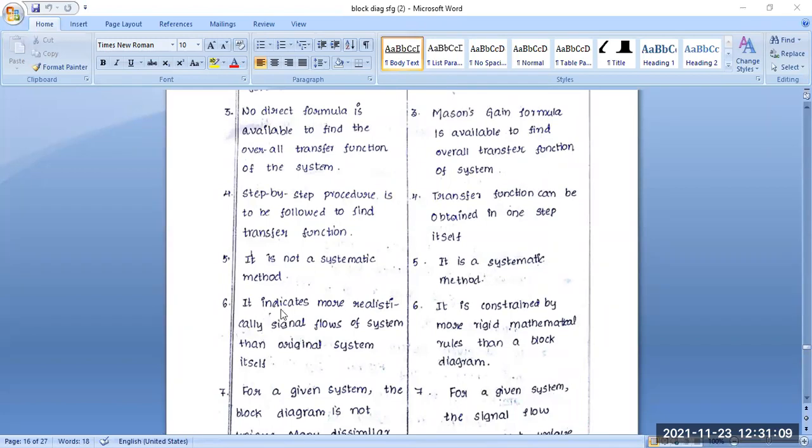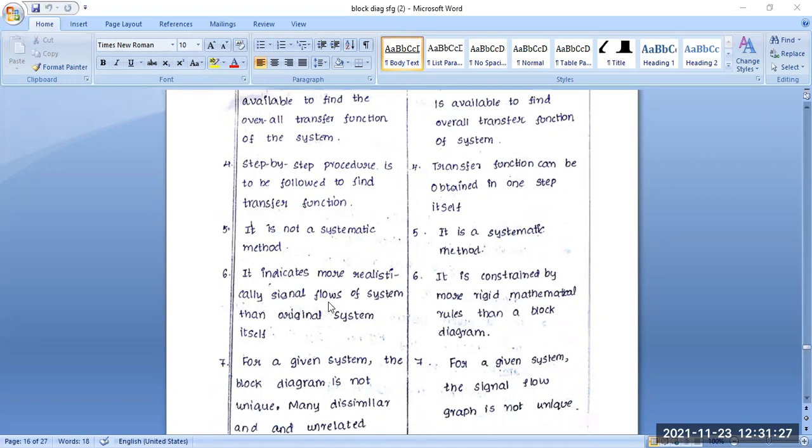Next, it indicates a more realistic signal flow of the system than the original system itself, and it is constrained by more rigid mathematical rules than a block diagram. So a little bit of mathematical expression is present here, but in the block diagram the mathematical expression of the original system is present only a little.